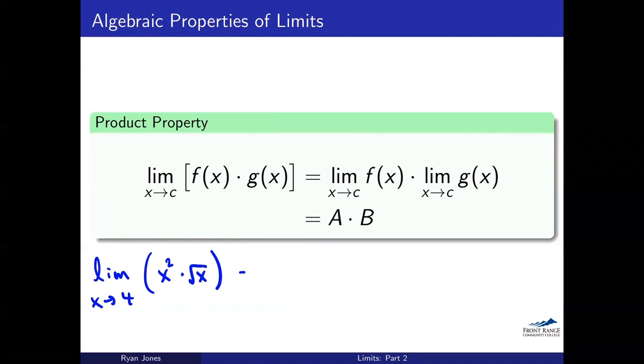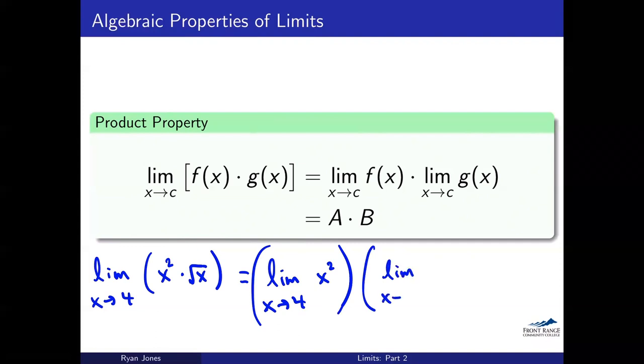But what I could do is use this product property to split this limit into two limits that are multiplied by each other. And if I do that, now you can see that I could graph either of these pretty easily if I wanted to.